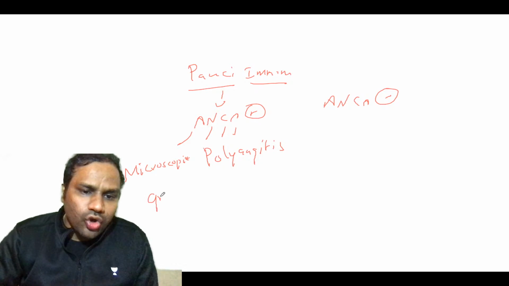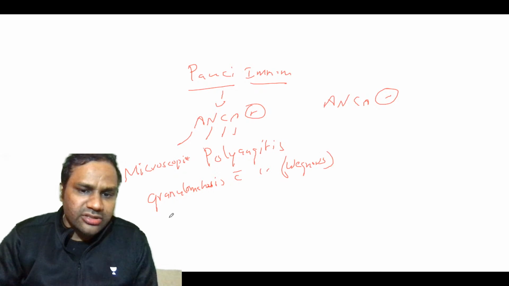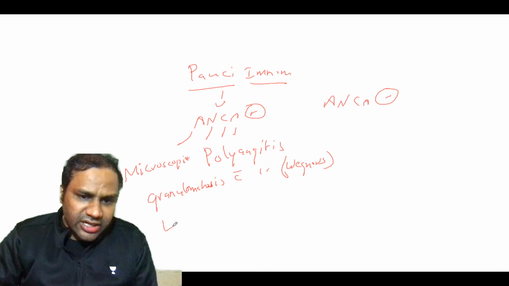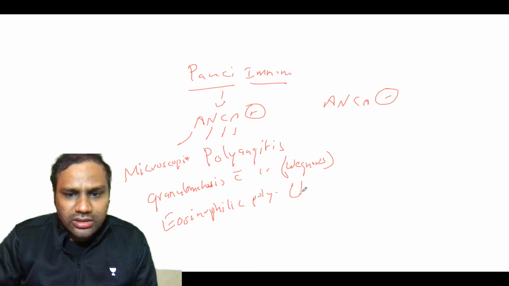Another is granulomatosis with polyangiitis, which is Wegener's granulomatosis. Another is eosinophilic granulomatosis with polyangiitis, which is Churg-Strauss syndrome.